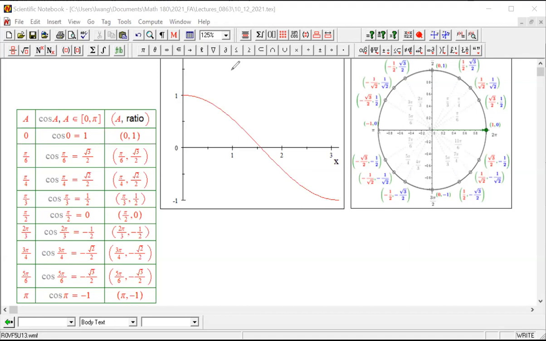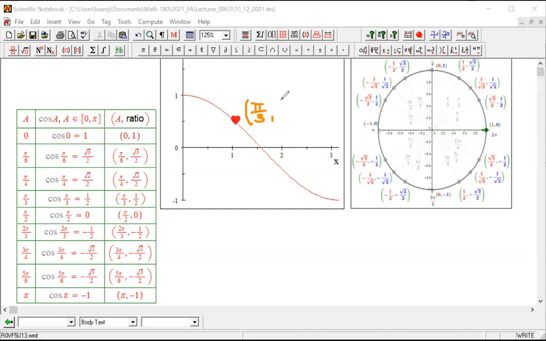For example, this dot, which is pi over 3. Pi over 3 is the angle. I wish that to be marked this way. The first number is pi over 3. The orange corresponds to the arc length.